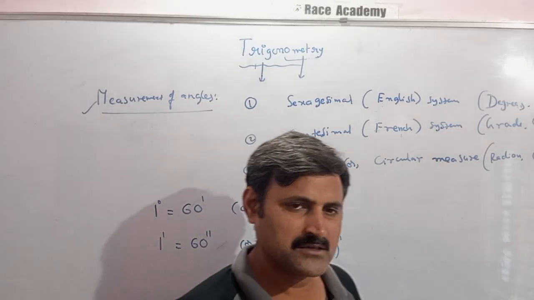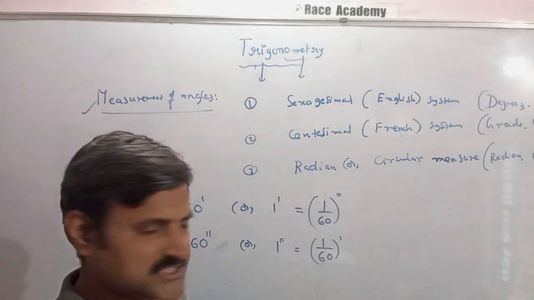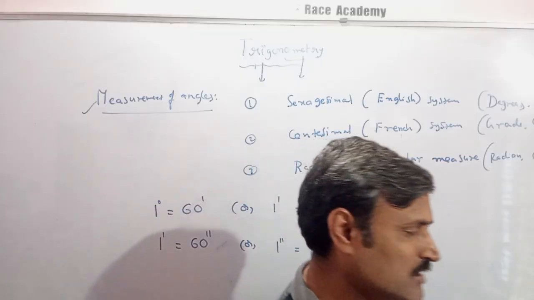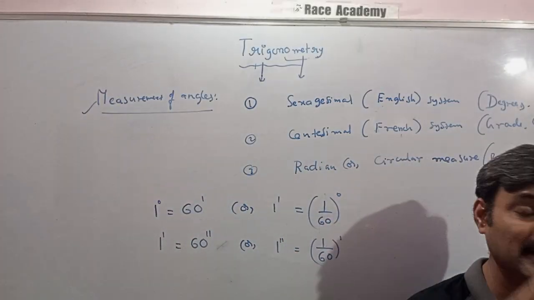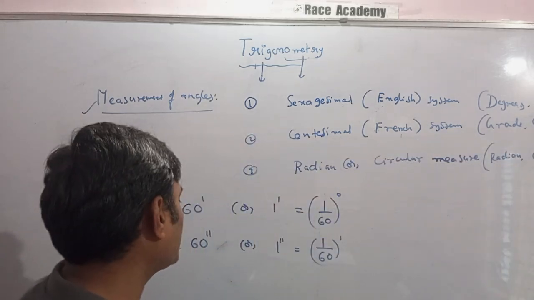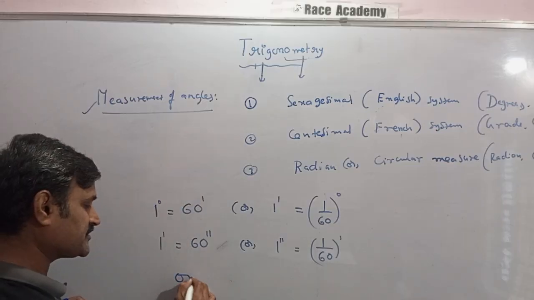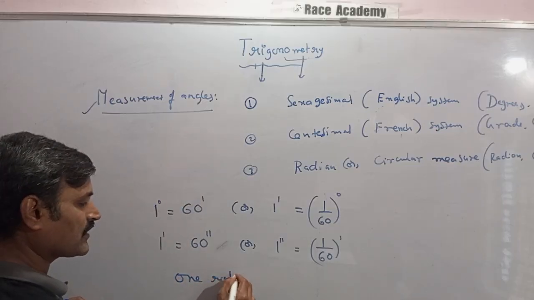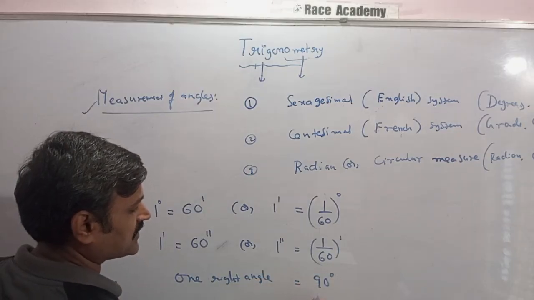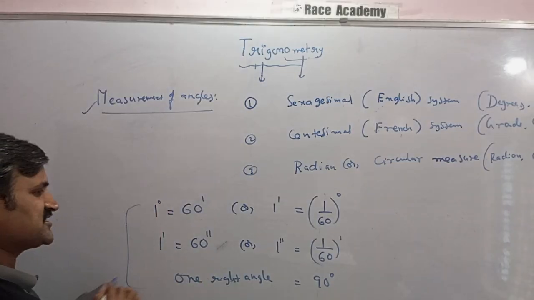Do remember, when they give 1 vertical line above the small number values, it indicates minutes; 2 vertical lines indicate seconds. In this system, we consider one right angle equal to 90 degrees.